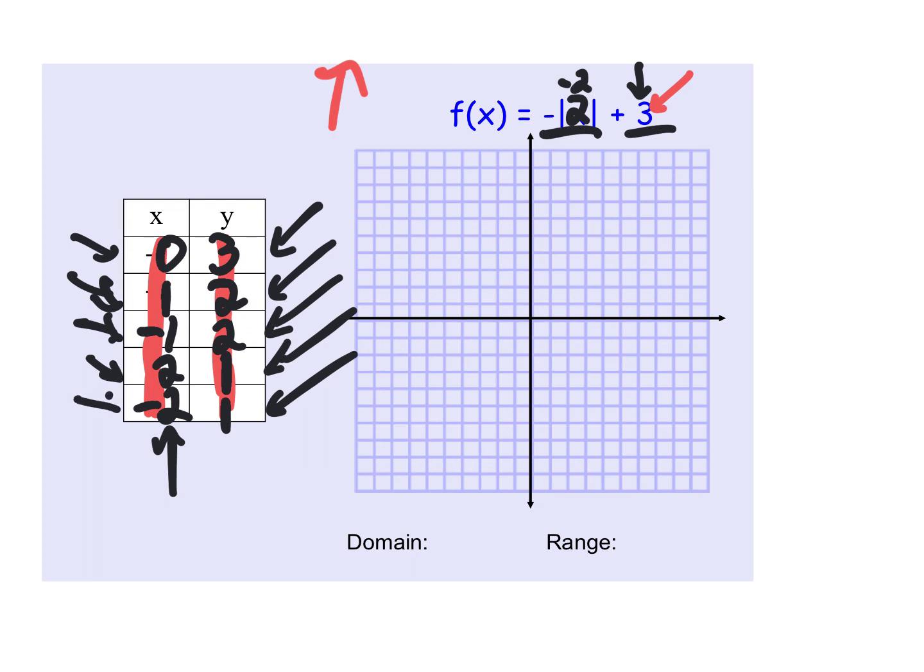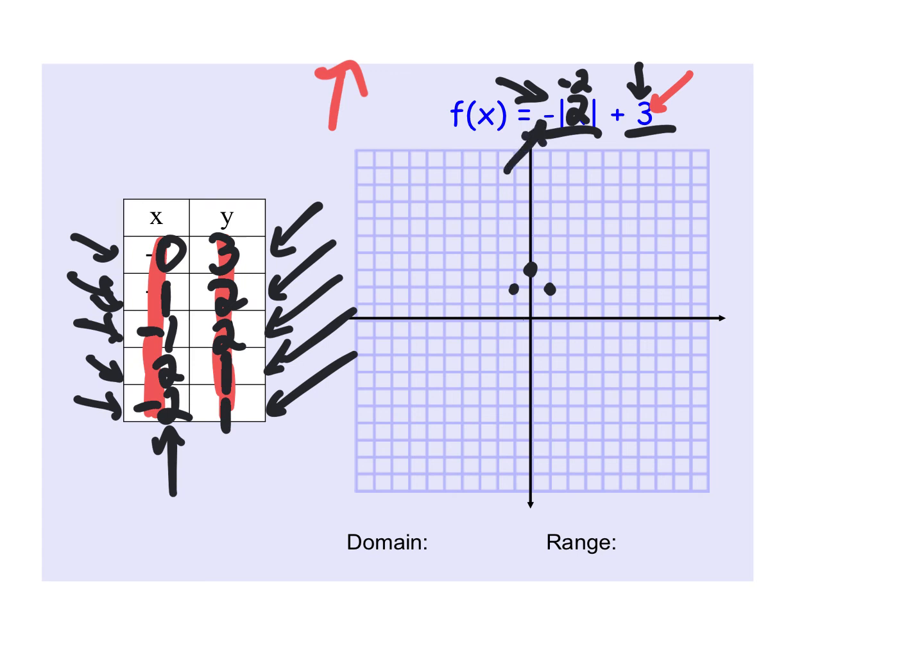You should have known it was a V shape because it's got absolute value bars. And it's been horizontally reflected and moved up 3. But here's what it actually looks like. Over 0 and up 3 would be a dot right here. Over 1 and up 2. Over negative 1 and up 2. I bet you anything this is an upside down V shape.